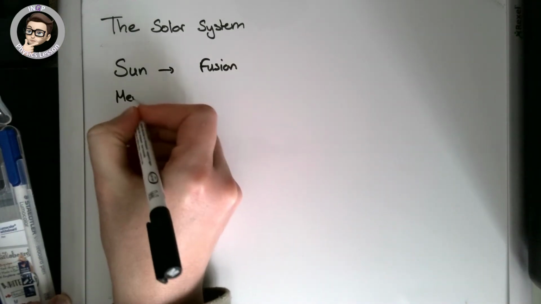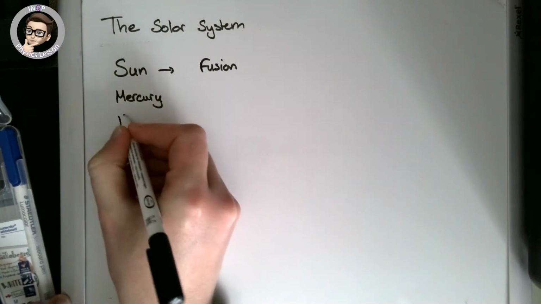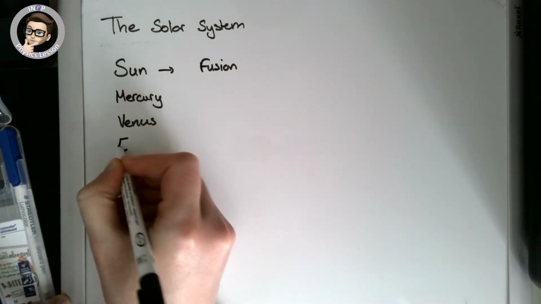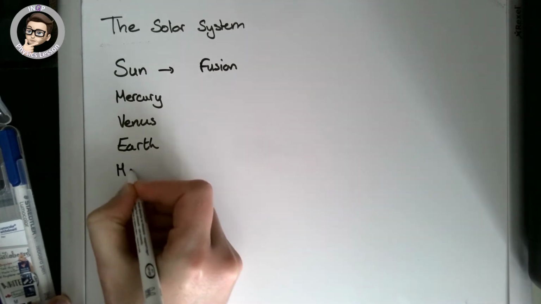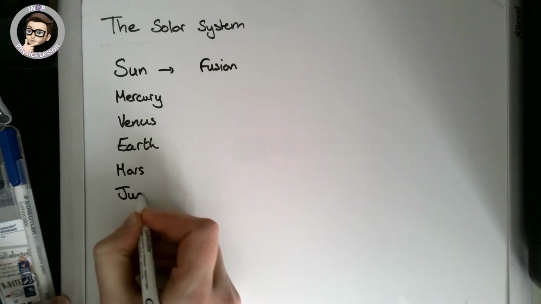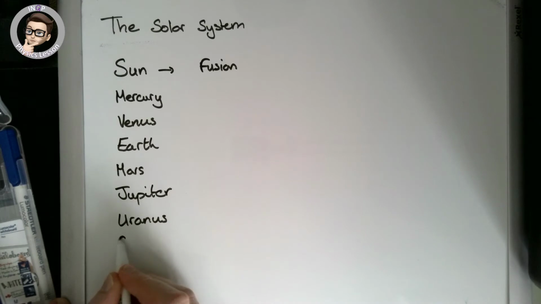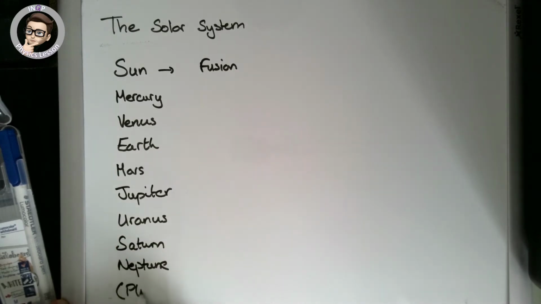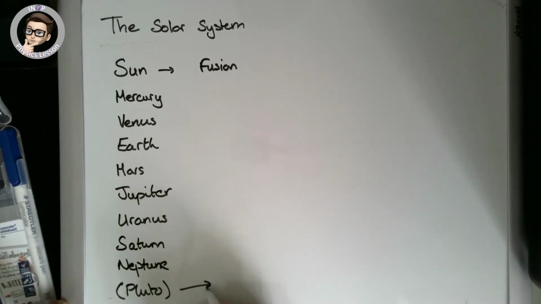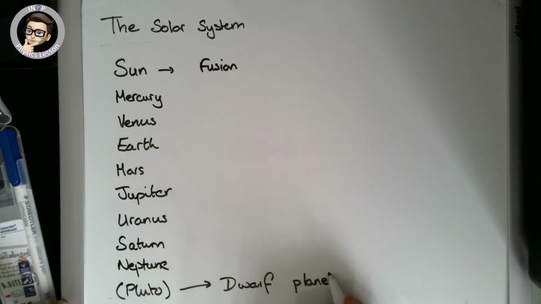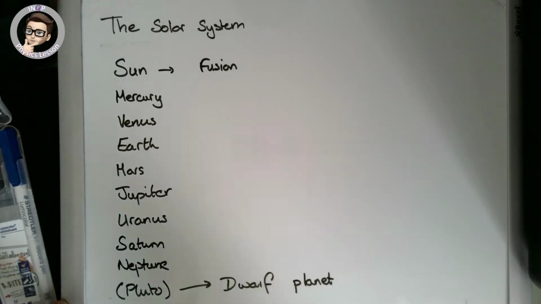We've then got Mercury, Venus, Earth, Mars, Jupiter, Uranus, Saturn, Neptune, and I'll put good old Pluto in brackets down here because sometimes it's a planet, sometimes it's not. We probably these days should call it a dwarf planet, which means it's a small planet that hasn't really got its own orbit.